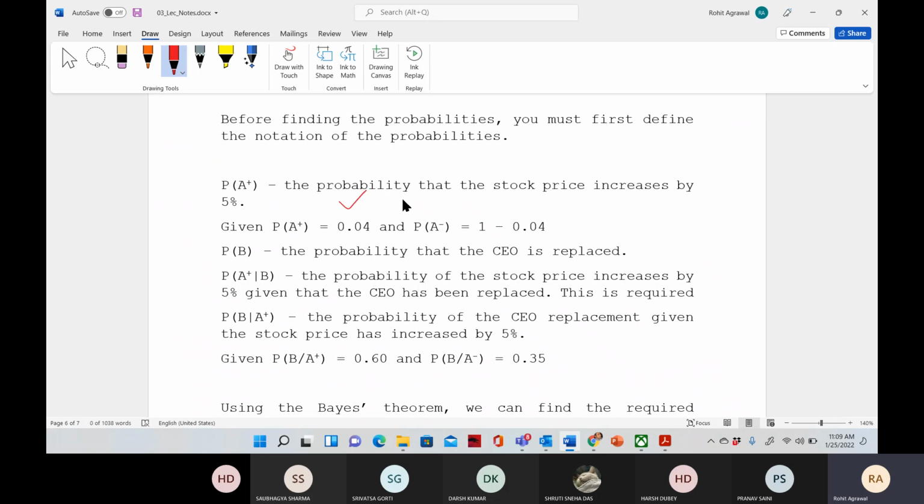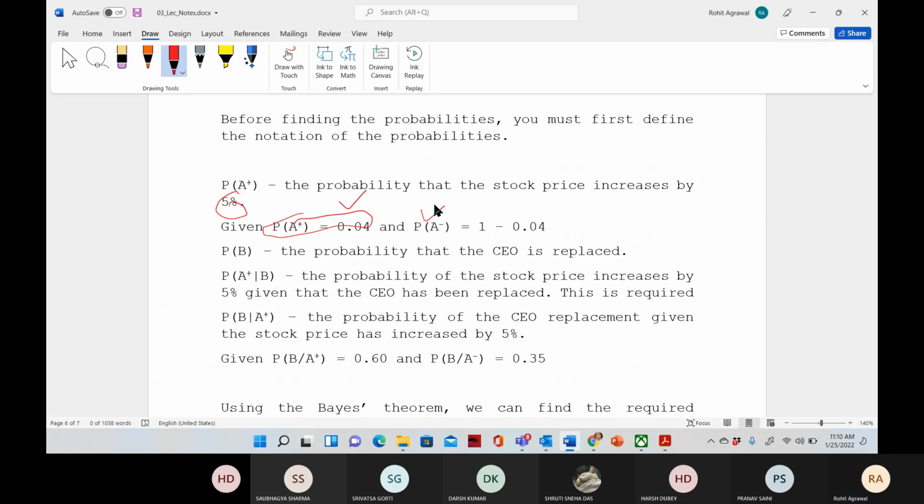The probability that the stock price increases by 5%. ठीक है, तो 5% एक इवेंट है, इट इज नॉट अ प्रोबेबिलिटी, समटाइम्स इट क्रिएट कंफ्यूजन. ठीक है, सो द प्रोबेबिलिटी क्या है? द स्टॉक प्राइस इंक्रीज बाय मोर देन 5%, इट इज 4% गिवन इन द क्वेश्चन. सो दिस विल बी योर P of A. ठीक है, एंड P of A माइनस क्या होगा आपका? सपोज यू डू नॉट नो, मतलब P of A माइनस की इट इज रिक्वायर्ड और नॉट, वी आर नॉट सपोज्ड टू नो. ठीक है, बट द क्वेश्चन क्या फाइंड करना है हमें?